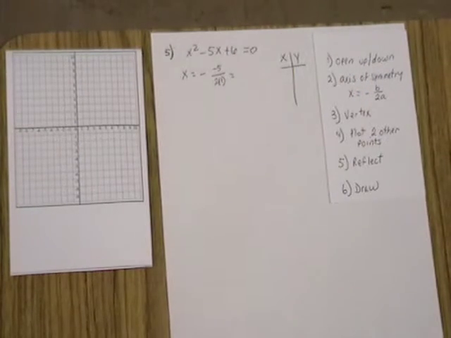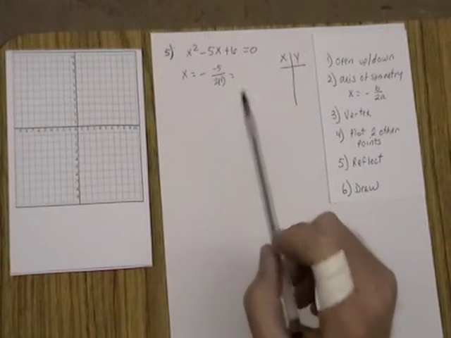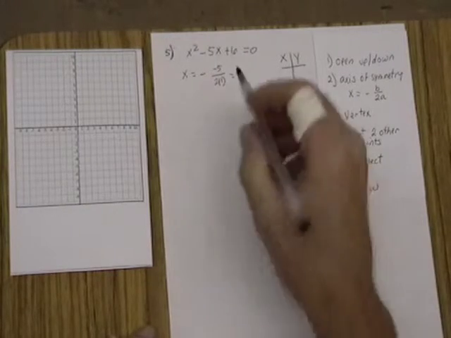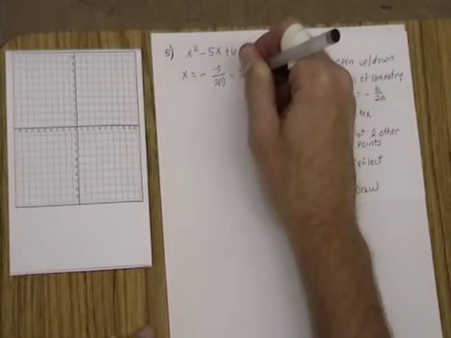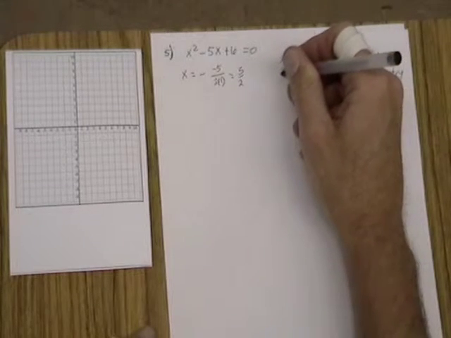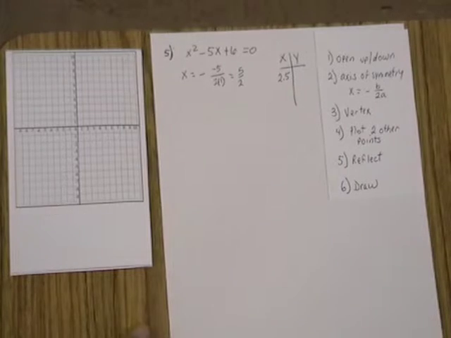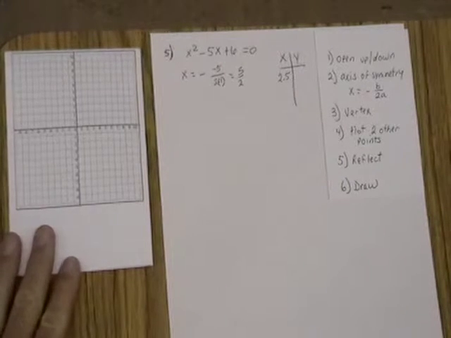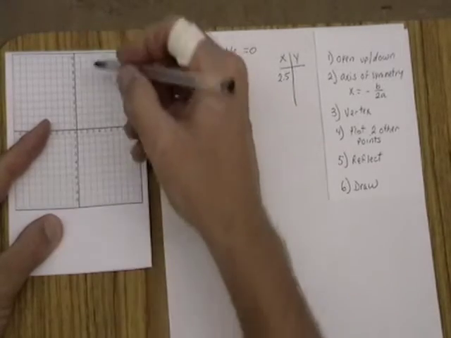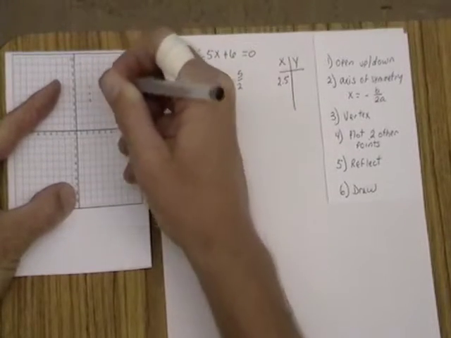We're subtracting a negative, so we know the result is going to be positive, so leave out the negative signs, and we end up with 5 over 2. You can call it 5 over 2, or you can call it 2.5. We'll look at it as 2.5. So we are going to draw the axis of symmetry at 2.5.